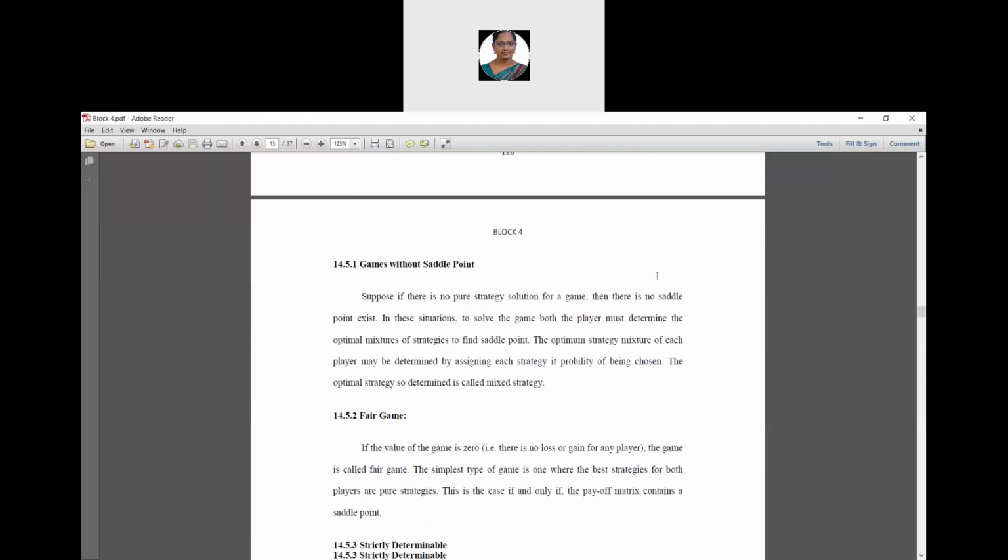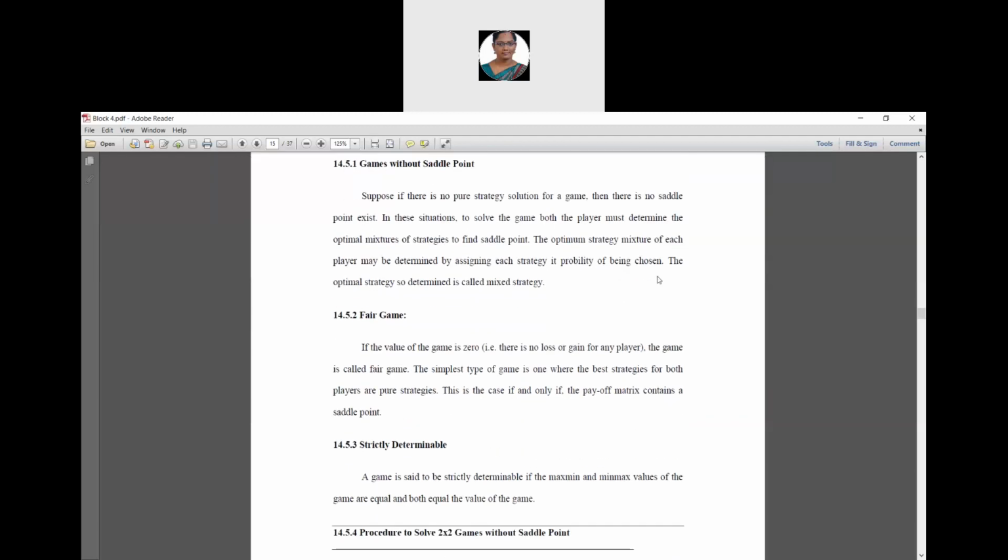Next one, games with saddle point. It is also known as pure strategy. Suppose there is no pure strategy solution for a game, then no saddle point exists. In this situation, to solve the game, both players must determine the optimal mixture of strategies.